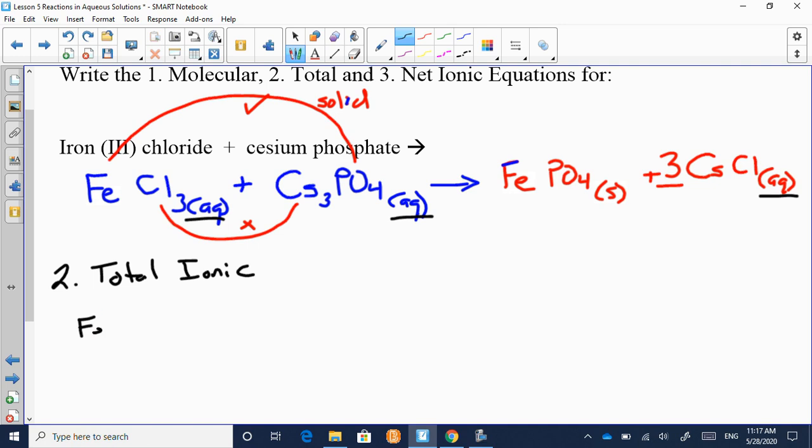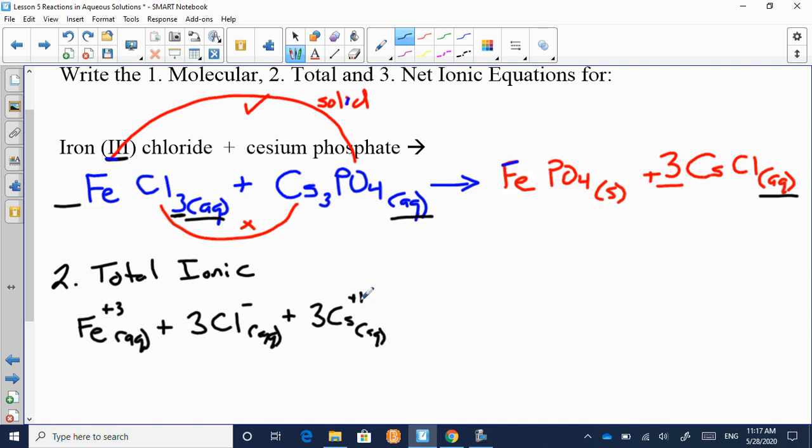I'm going to write Fe +3. Remember that 3 up there told me it was a +3 charge, aqueous. And notice that there's nothing out front, and there's also no subscript, so it's just one Fe, plus the subscript here tells me that there are 3 Cl minus aqueous, plus 3 Cs plus 1 aqueous.